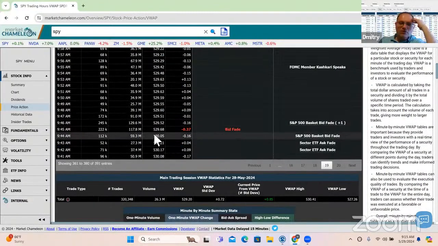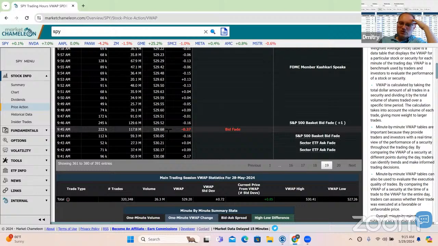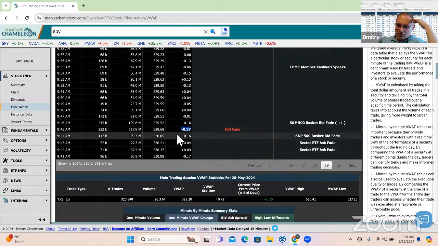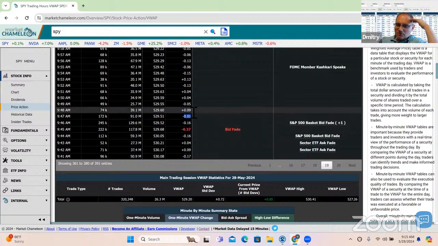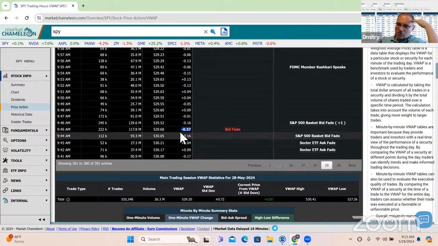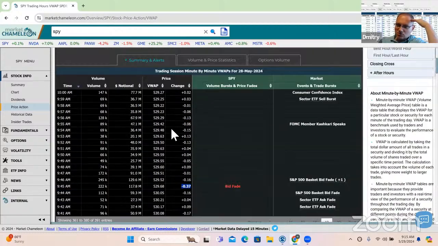So we could see here that on this particular minute, 9:45, the VWAP price dropped by 37 cents. Okay, so you could see that just comparing the ticks, the minute-to-minute ticks around it, that one will stick out, 37 cents. So I'm scrolling around.